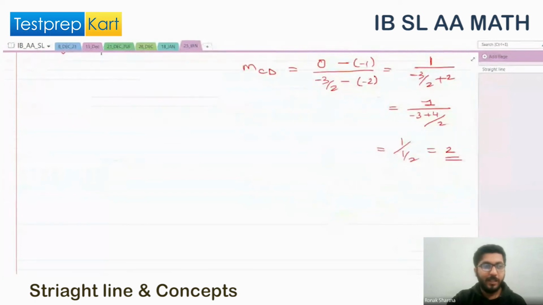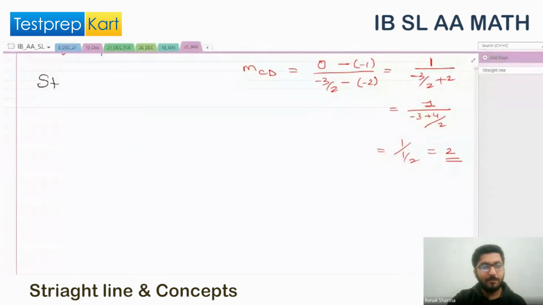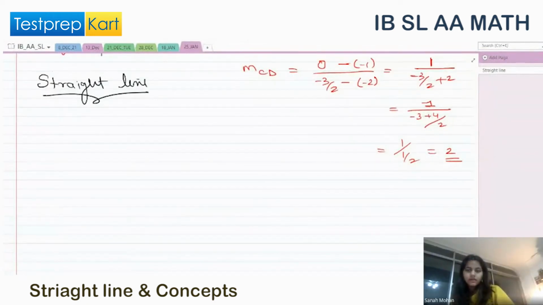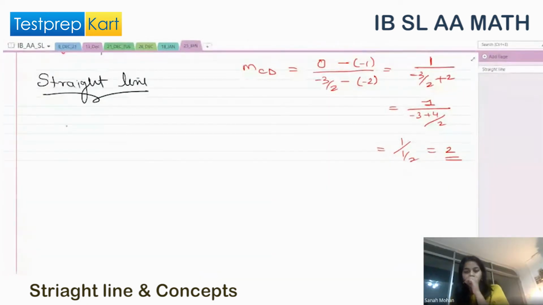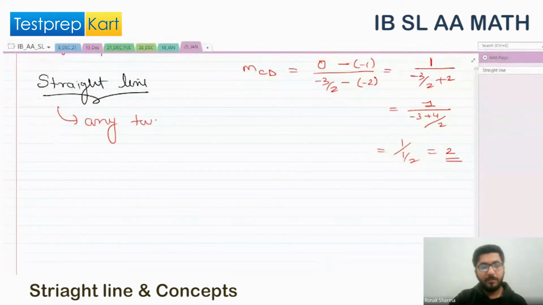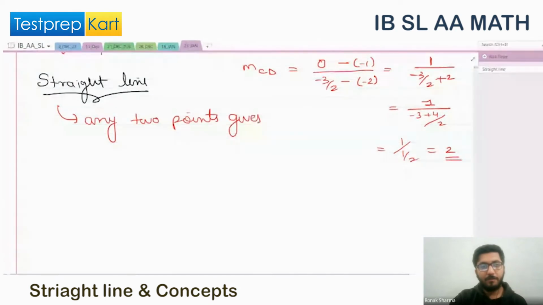Any straight line has one property. What is that property? That straight line has how many points on it? Infinite number of points. So any two points give the same value of slope.